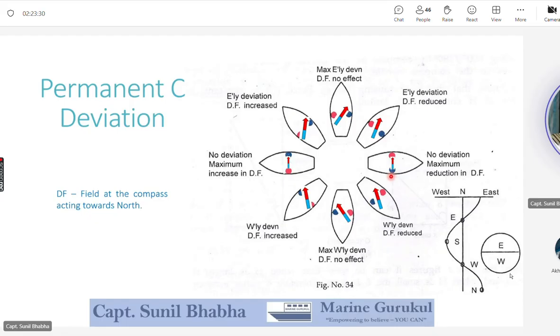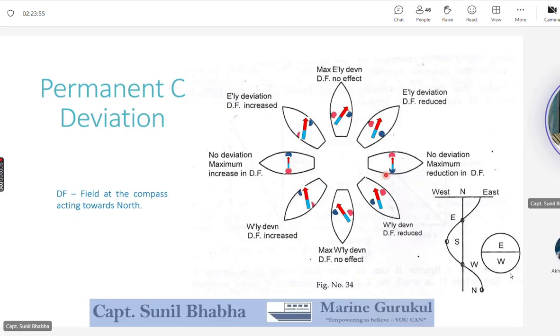But that does not happen, because the ship's poles are much weaker compared to the poles of the Earth. The magnetic poles of the Earth are much stronger than the ship's magnetic field. Thus, the ship's magnetic poles are not able to generate any deviation at all.